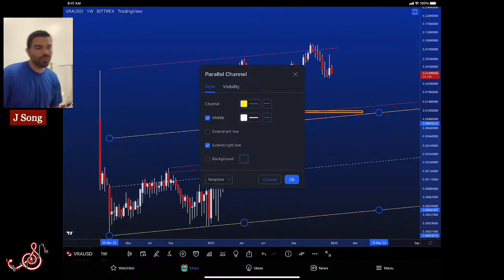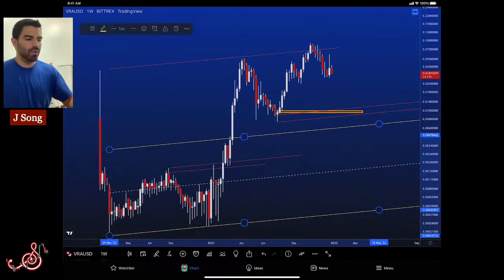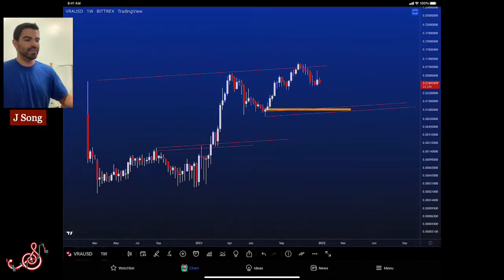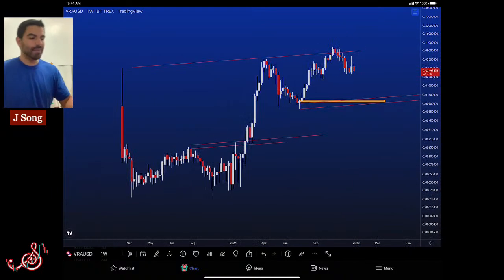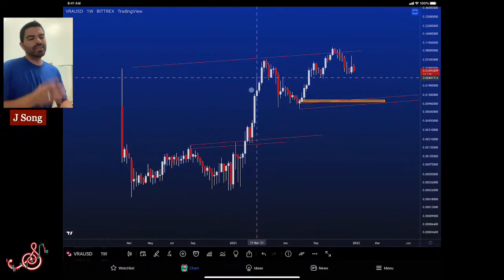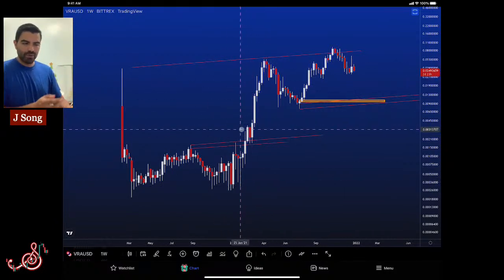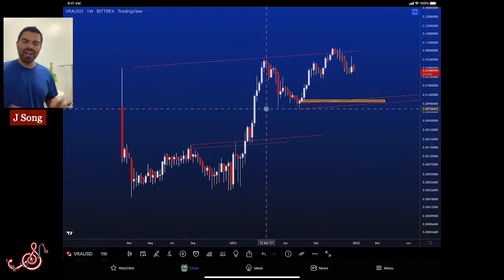Some of the stuff that's more important goes away, and some of the stuff that's important will still stay. I've been using it to allow me to see some of the more important lines and angles. So, for example, what started all of this up movement right here? What were the supports that were built? What was the structure that was built that caused this? And can it be verified? Can it be measured? Absolutely, the answer is yes.